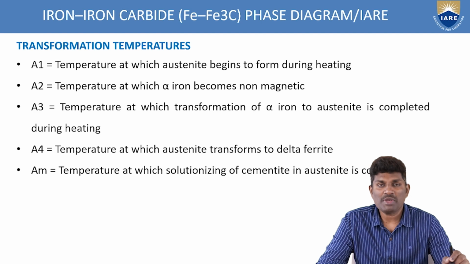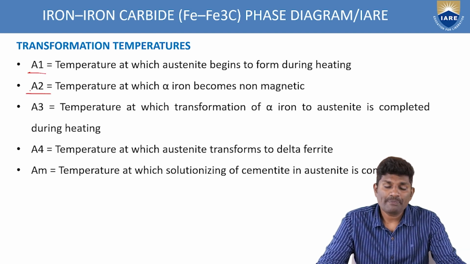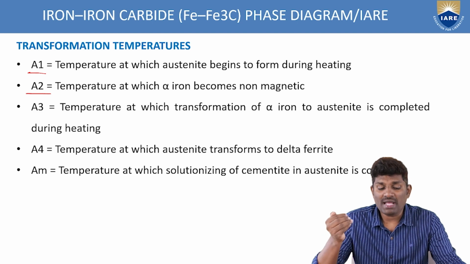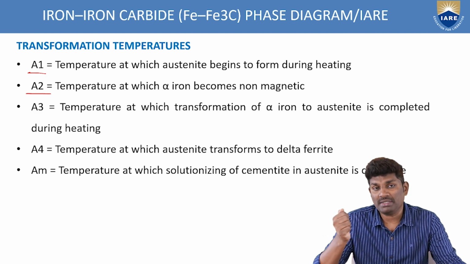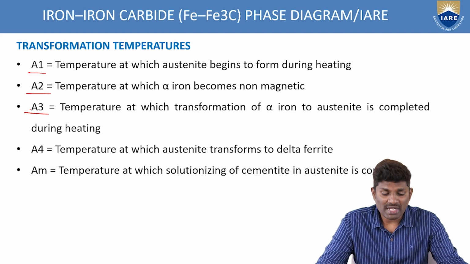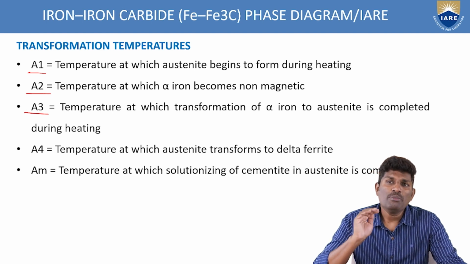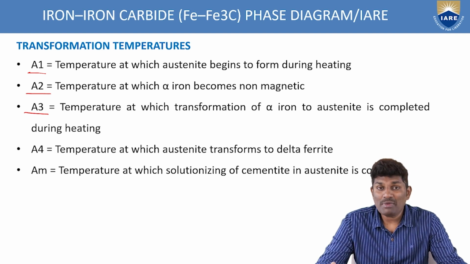That transformation temperature is called A1. Next, what is A2? The temperature at which the iron becomes non-magnetic. Whenever the iron becomes non-magnetic, that temperature is called A2. Then A3 is the temperature at which the transformation of iron into austenite is completed during the heating process. So when you heat the pure iron, what is happening at that temperature point?